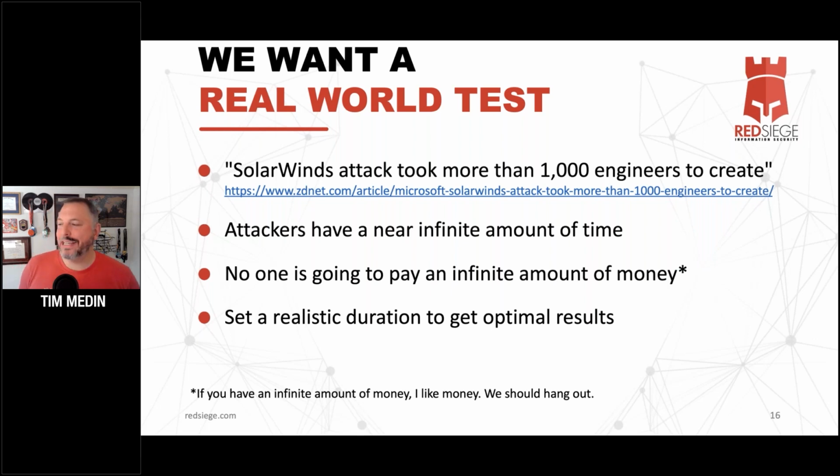At no point in time has any organization I've ever talked to said, "You know what? We will give you budget for 1,000 software developers to work on code for a year." No. But if you are that organization, let's talk, please. I will drop this call right now and we can talk.